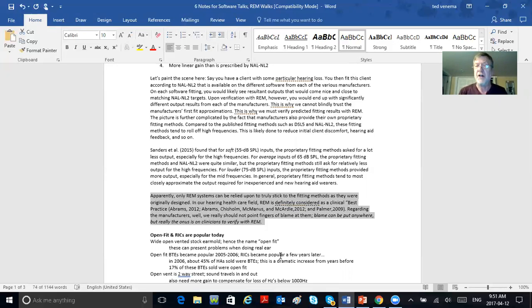Palmer, 2009. Regarding manufacturers, well, we really shouldn't point fingers of blame at them. Blame can be put anywhere, but really the onus is on us to verify with REM. That's the important message to take home.